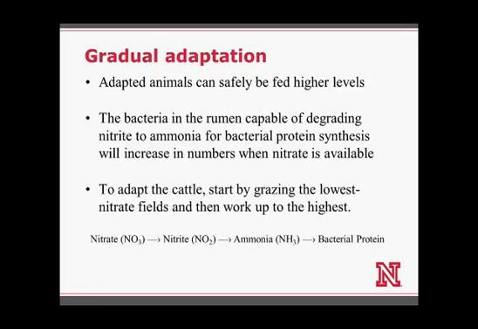The key factor here is to keep a slow but steady increase in nitrite so the bacterial numbers can keep up and we do not have a large increase in nitrite in the rumen that can get into the bloodstream. So we suggest to adapt cattle by starting grazing the lowest nitrate fields first and then working your way up to the highest.